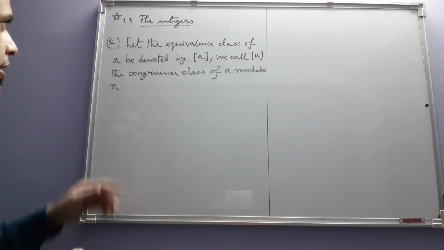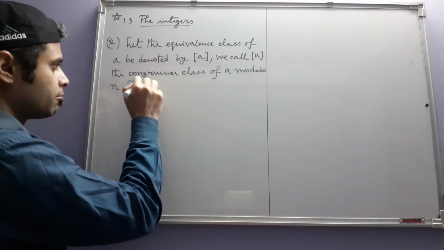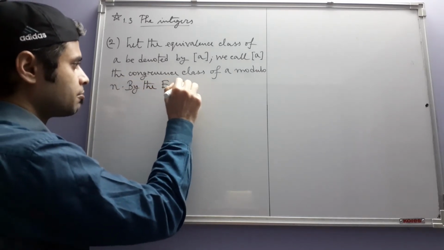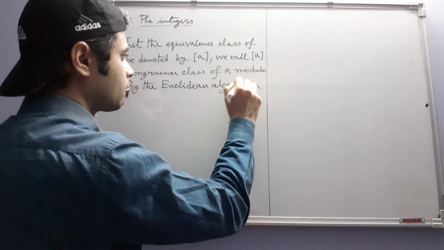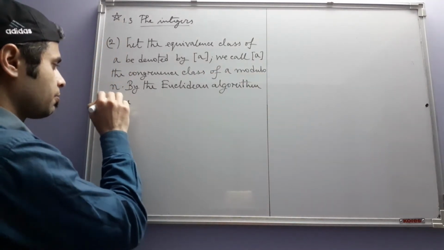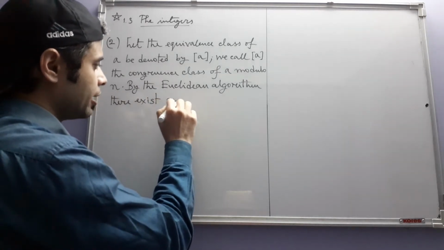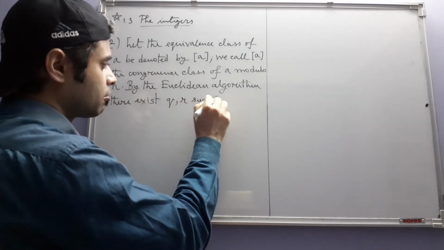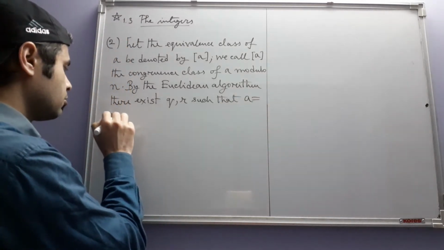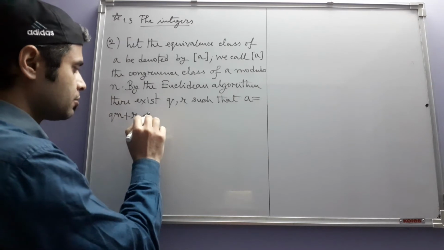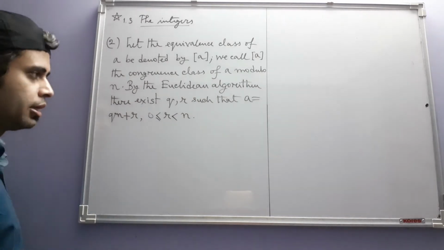Now, because a is any integer, by the Euclidean algorithm, there exist integers q and r such that a is equal to qn plus r, where r satisfies these inequalities, right?